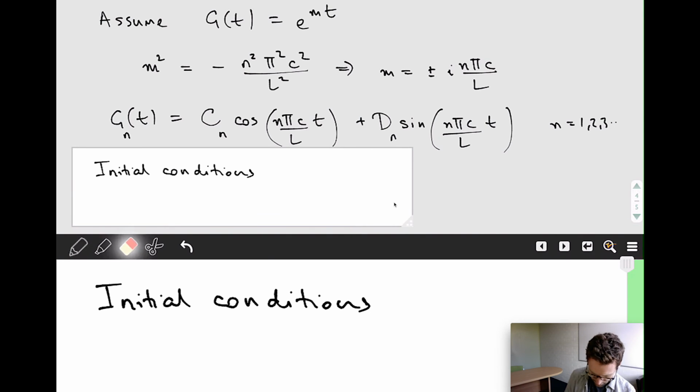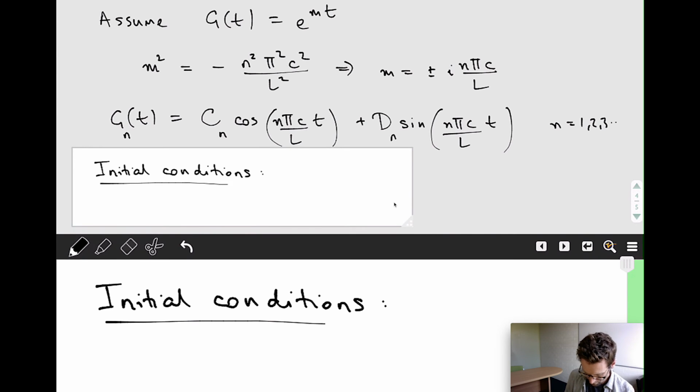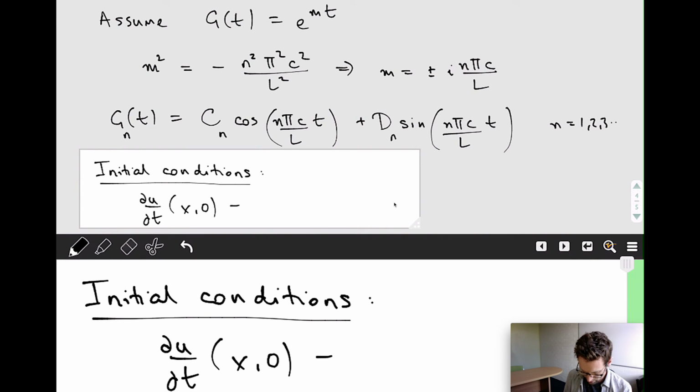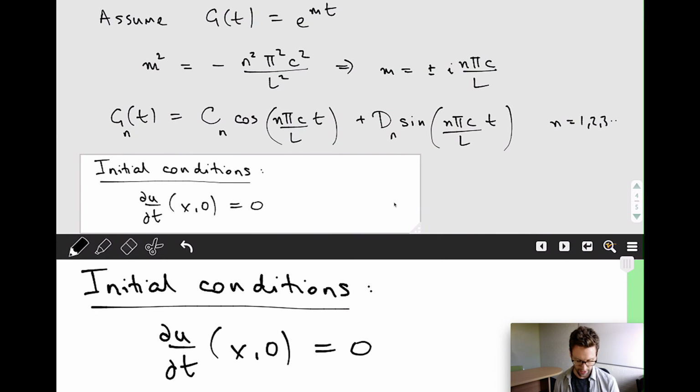So the first of those was that the derivative of u with respect to t at time t is equal to 0 was equal to 0. So basically, the rate of change in time of the displacement at time 0 is equal to 0.